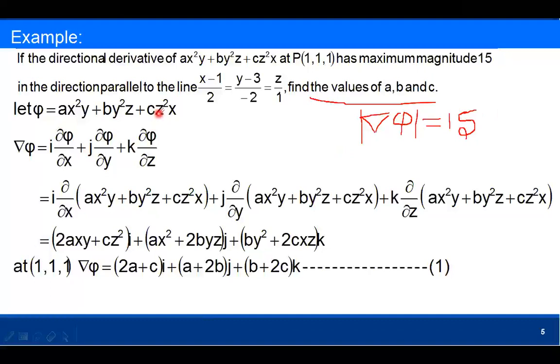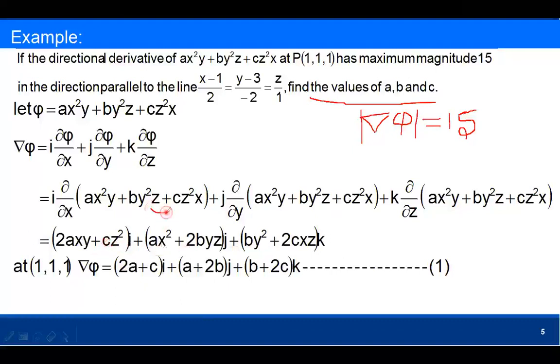Find del phi. Simply we are replacing this phi with the given function: i dou by dou x of a x square y plus b y square z plus c z square x, plus j dou by dou y of a x square y plus b y square z plus c z square x, plus k dou by dou z of a x square y plus b y square z plus c z square x. So differentiating with respect to x. So x square derivative 2x. So that is 2x into ay, that is 2axy, plus here there is no x term, this is 0.